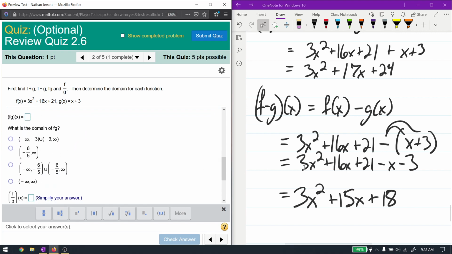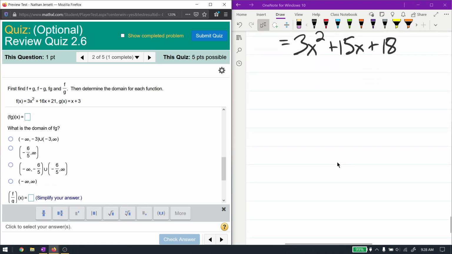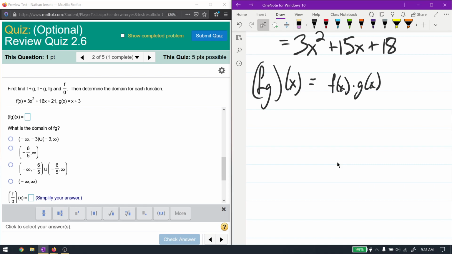All right, next one is f times g. This, as you can guess, is just f of x times g of x. So we have f of x times g of x.